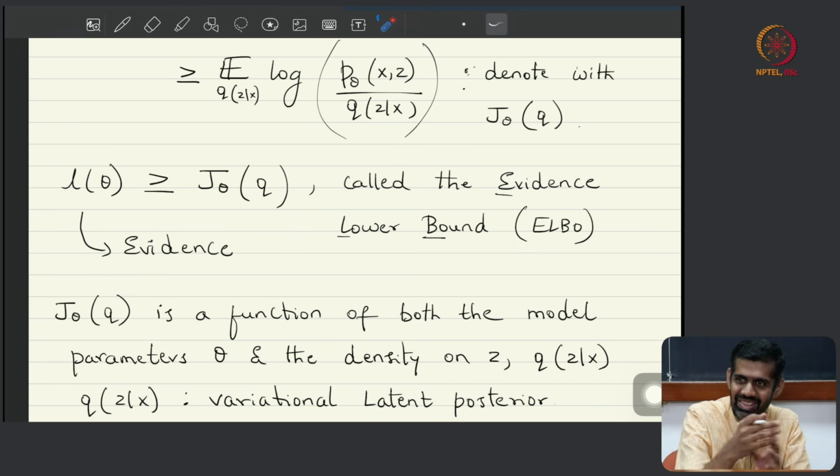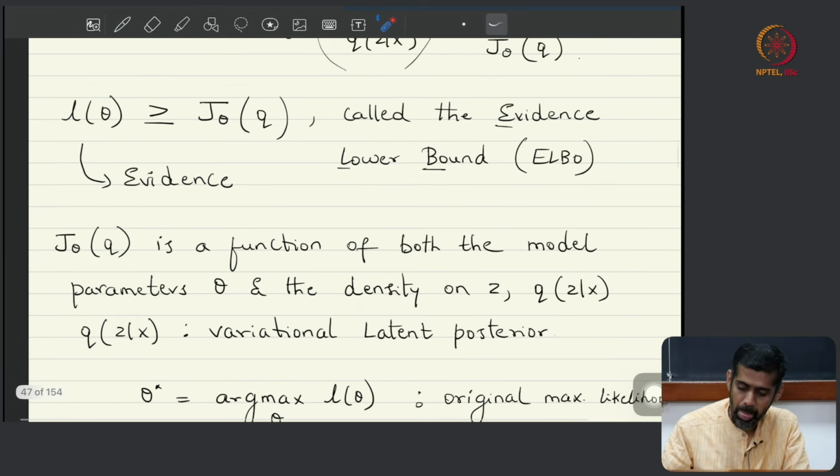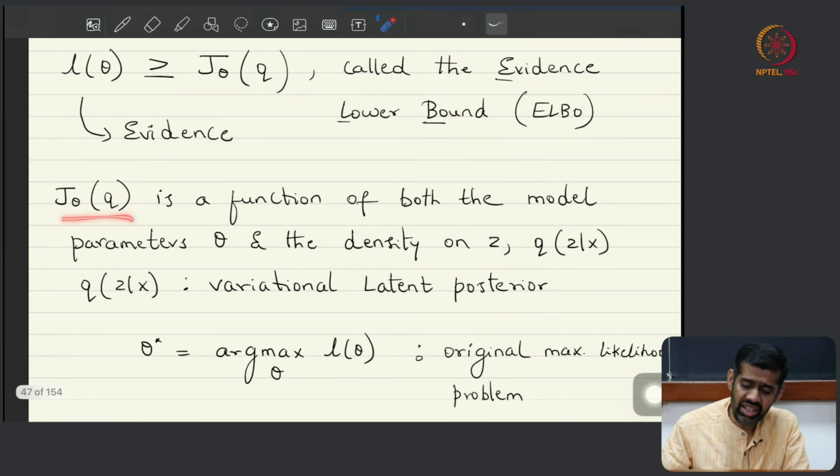They say that you can carve it in a different way, and a better modeling performance will emerge. The paper is titled ELBO surgery, so there's a pun there. But anyway, what we constructed was a lower bound on the evidence function, and that's why it's called ELBO, evidence lower bound.